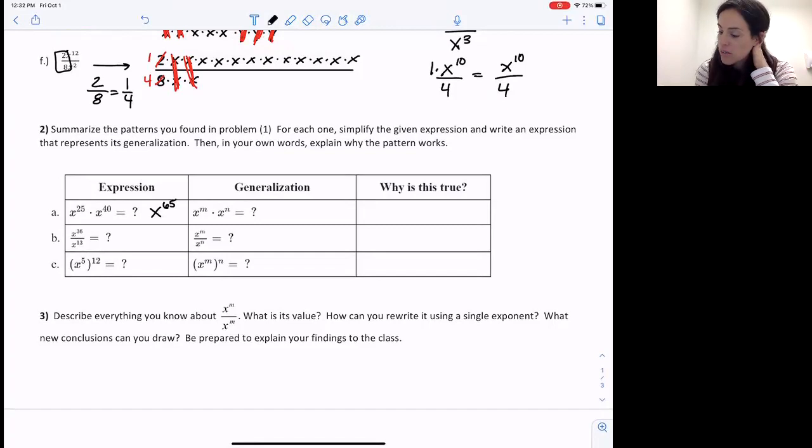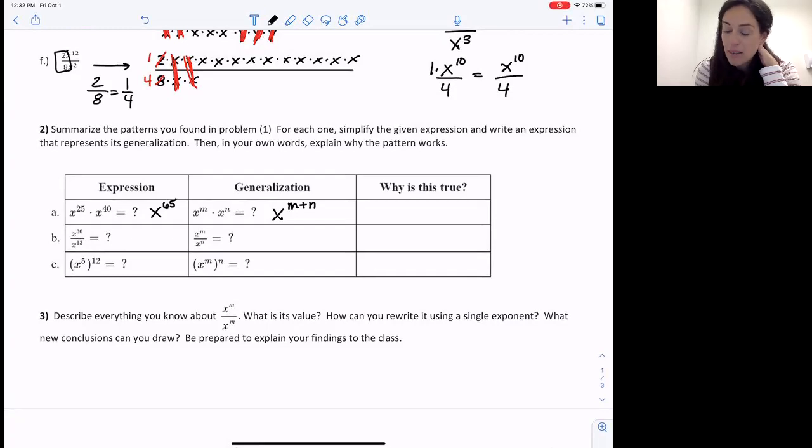So here for the generalization, I know x to the m times x to the n is going to be equal to x to the m plus n. Okay, why is that true? How could we explain that? Well, maybe m and n represent how many x's are being multiplied.